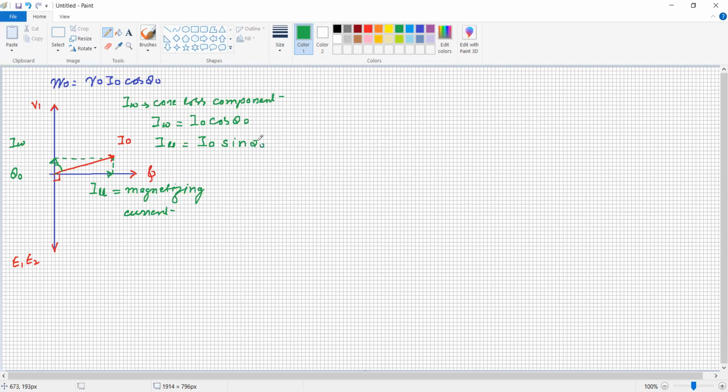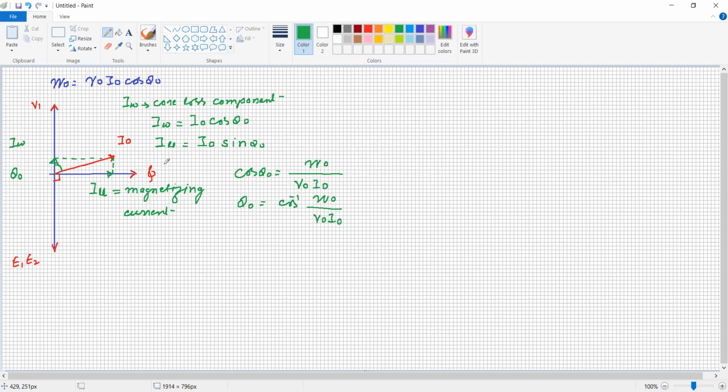From the equation for W0, we can write cos of theta 0 is equal to W0 upon V0 I0, so theta 0 is cos inverse of W0 divided by V0 I0.